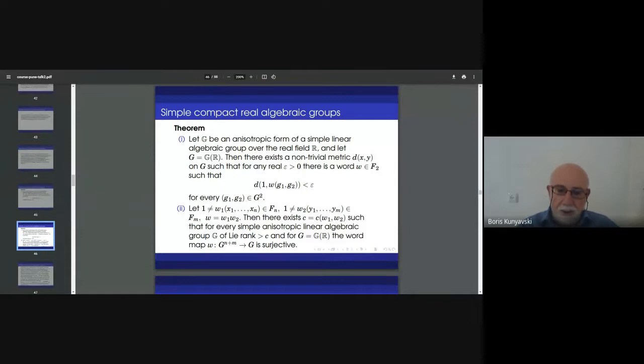Let's fix two words in disjoint sets of variables, W1, W2, and consider the product of these words. So we compose a word map, and then for a sufficiently large group, this word map will be surjective.